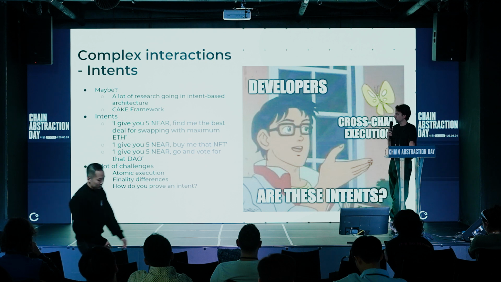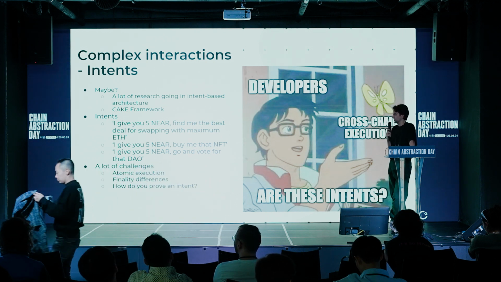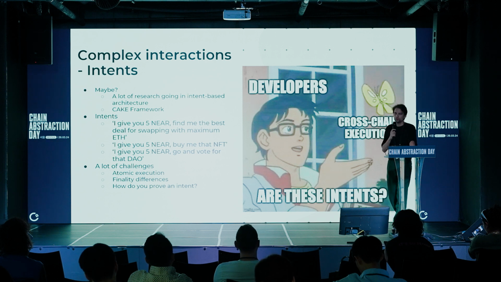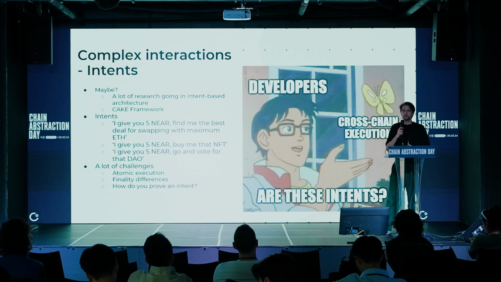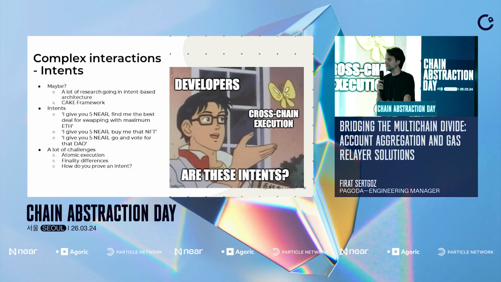And one of the most difficult things to get your head around, in my opinion, is how do you prove an intent? In a trustless system, you want to say, I wanted to do this, and it actually happened, so that I will pay you. But an intent is very abstract. It's like, I give you 5 and go buy me that NFT. Do you define a slippage?